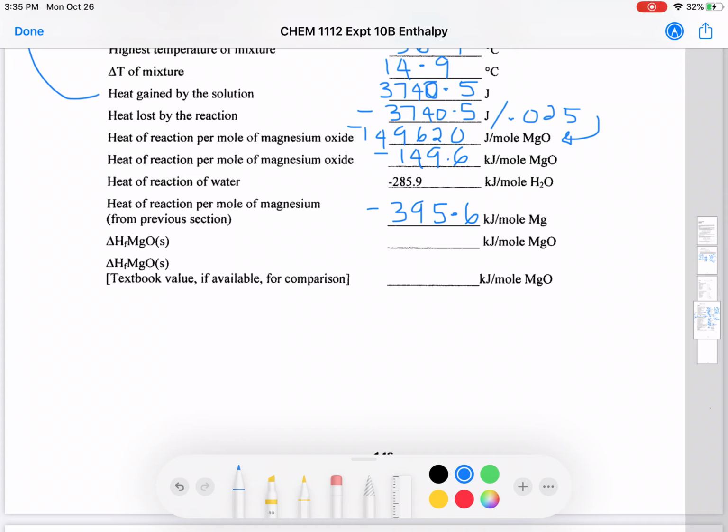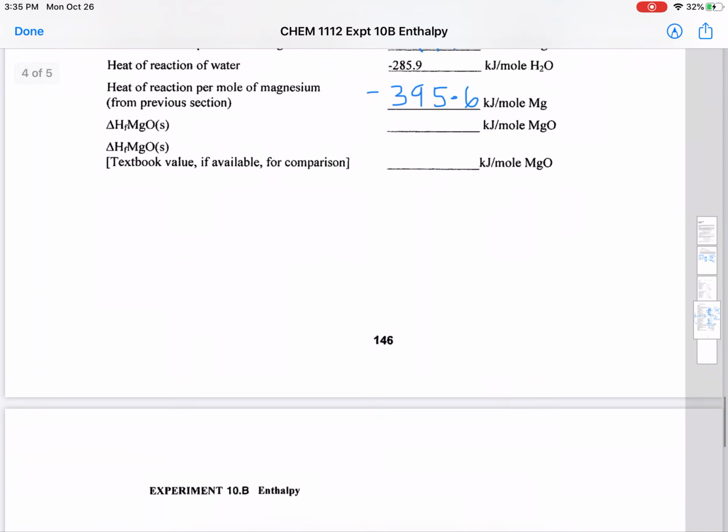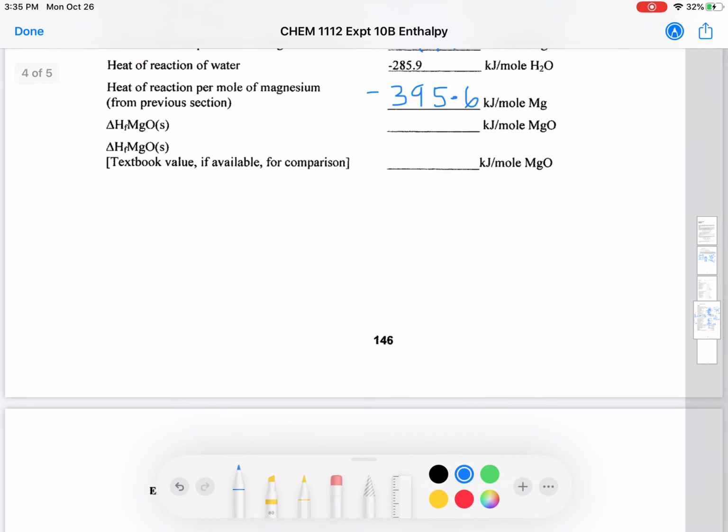Now we have the three reactions that we need to calculate the enthalpy of formation of magnesium oxide. Remember, this is the reaction that we want to find out the enthalpy. Magnesium plus half oxygen giving us magnesium oxide. So we want to find out the delta H for this one.